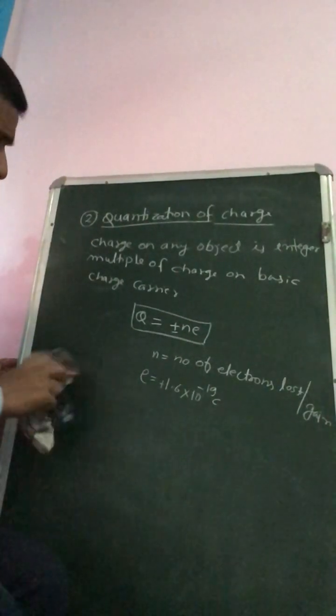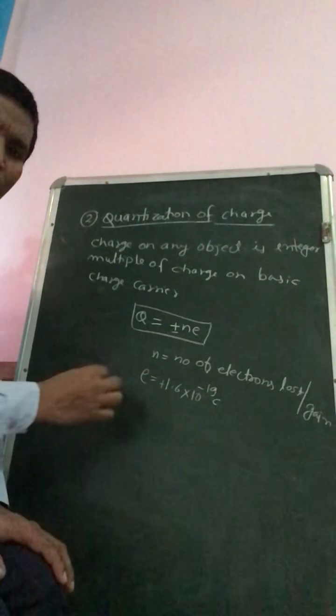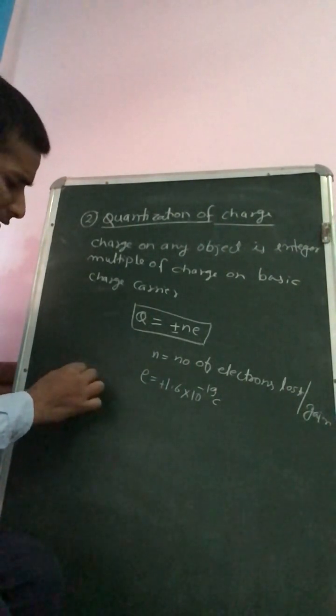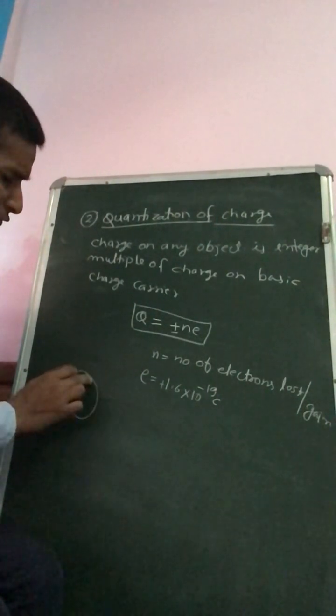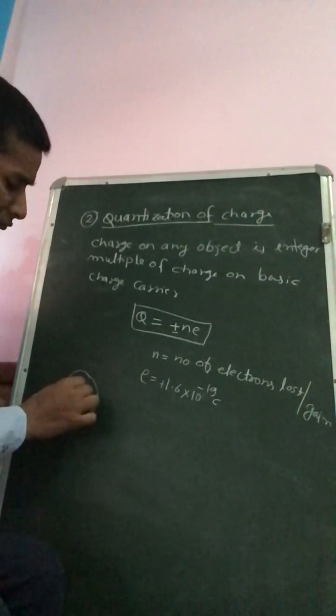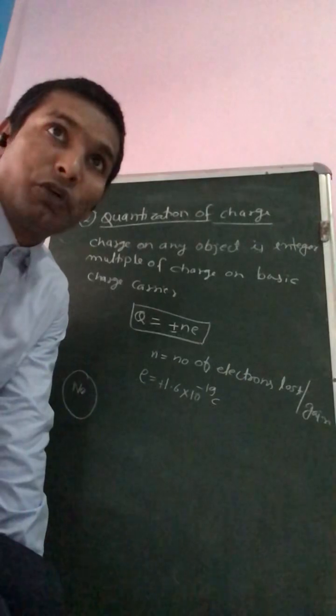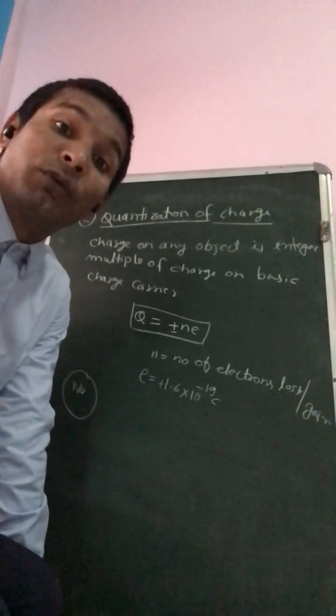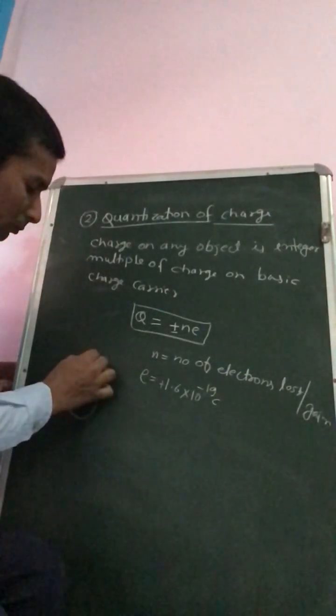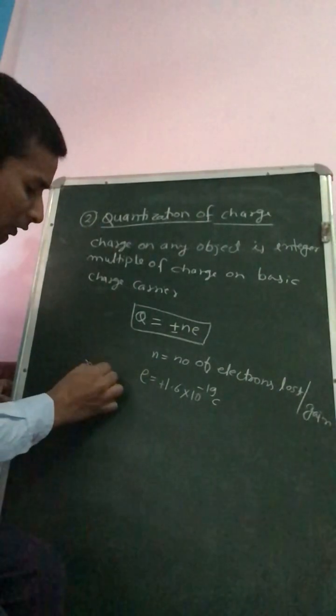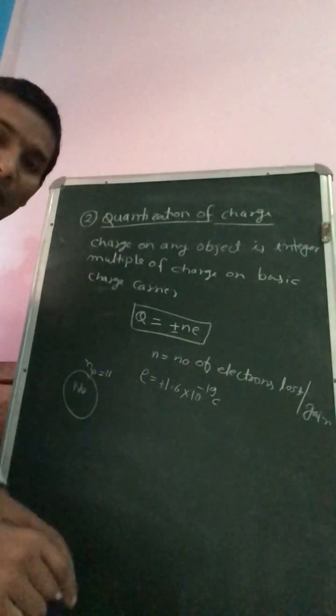Suppose we take an example of an atom. Suppose we take a sodium atom, right? We all know that sodium has how many protons? 11. So the number of protons will be 11, right?